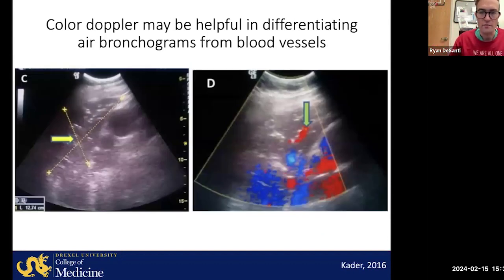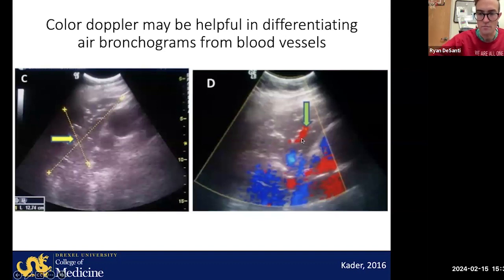One thing which has been described in the literature, more so in the adult literature, is using color Doppler to help differentiate air bronchograms from blood vessels, because blood vessels also may show up as hollow tubes on the lung ultrasound.